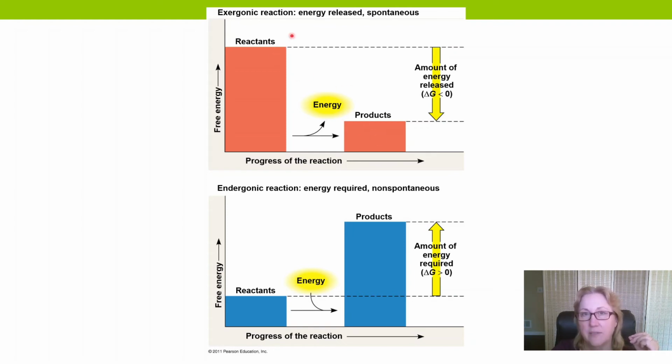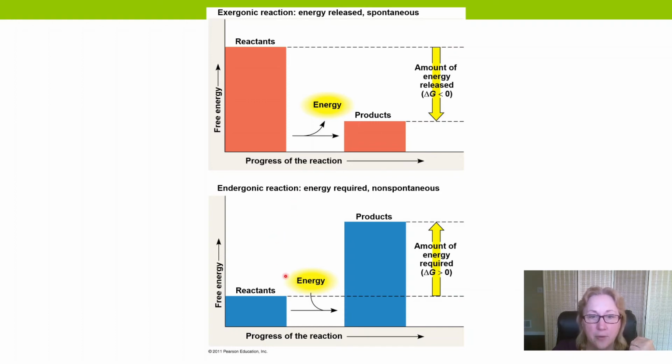You can see why I think of these as downhill reactions. The energy is released. This reaction could potentially be used to do cellular work because it releases energy. Delta G here is negative because delta G is the final energy minus the initial energy, so that's going to be negative for this reaction. This is a spontaneous reaction.